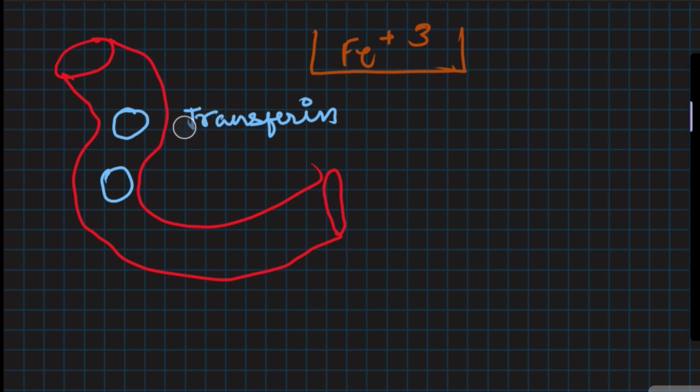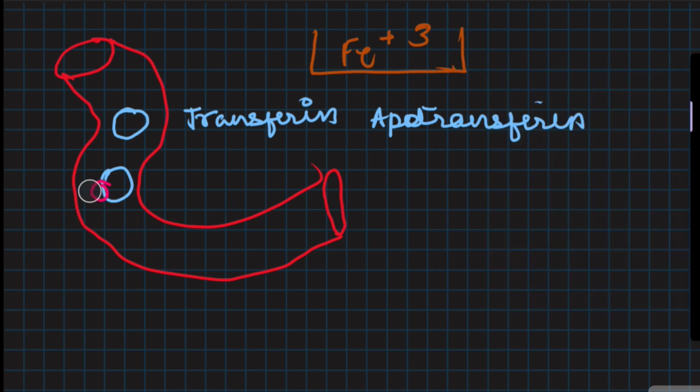So mainly if the transferrin is in unbound form, then it's called apotransferrin, and if it's binding with Fe plus 3, then it's called transferrin. So let's say this is apotransferrin and this is transferrin.